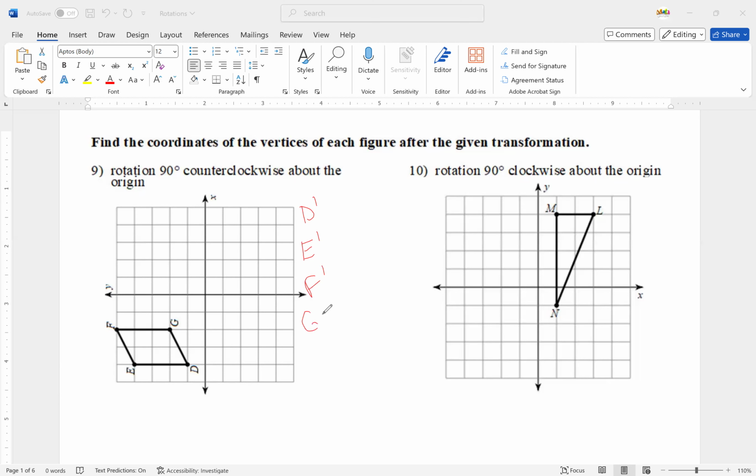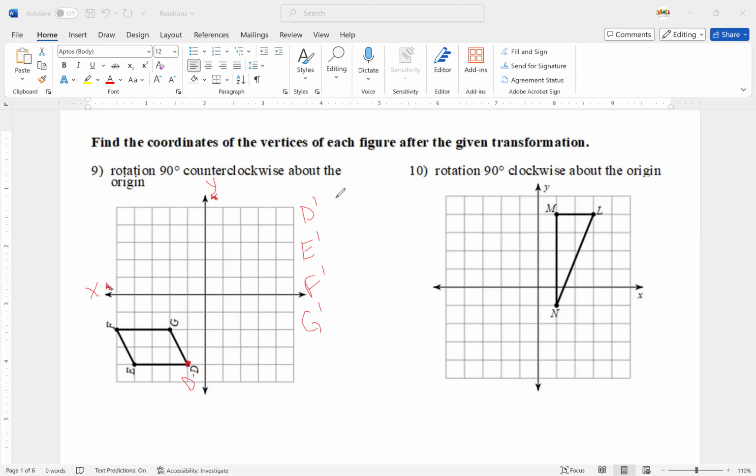and G prime. I want you to look at the axes, but ignore the labels that it has on the axes. This is going to be my x-axis like it usually is, and this is going to be my y-axis like it usually is. Now, you see D, because I rotated, that's my D prime. What are the coordinates of D prime now?